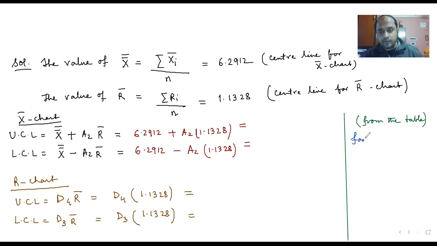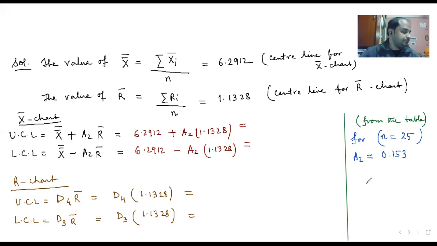For n equal to, our sample size is how much? 25. For n equals 25, my value of A2 is 0.153. You can also see it from your table.